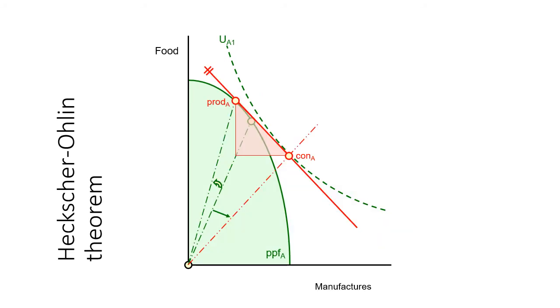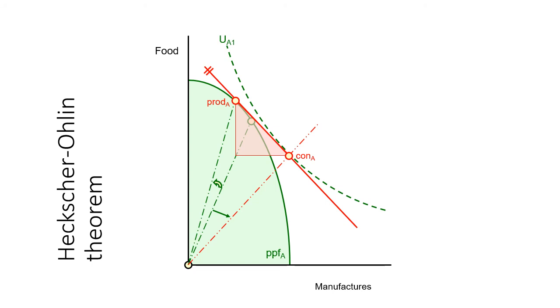And with free trade, what we find now is that the ratio of prices lies between the ratio of prices for country A and country B. For country A, that means the ratio of prices under free trade is less than the ratio of prices that would have been under autarky. What does that mean in terms of a diagram?